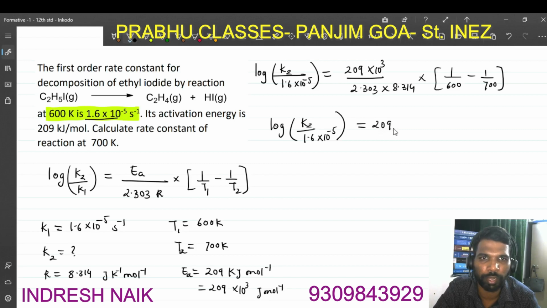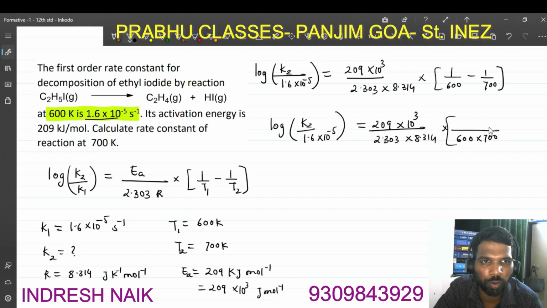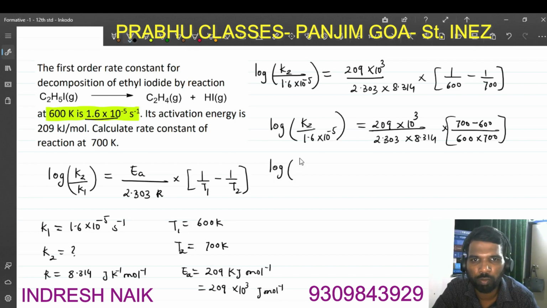This is 209 into 10 raised to 3, divided by 2.303 into 8.314 into 600 into 700, and on the top it will be 700 minus 600. That is equal to 100, right? Don't open this bracket as of now.